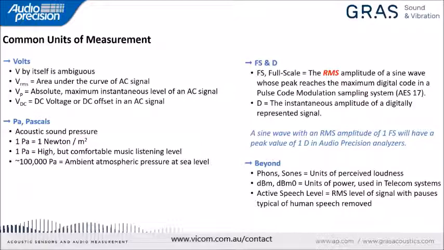In the absence of that, Audio Precision has invented its own unit, which we call D, and D is an instantaneous unit, and there is a straightforward relationship. A sine wave with an RMS amplitude of 1 FS will have a peak value of 1D in one of Audio Precision's analyzers.